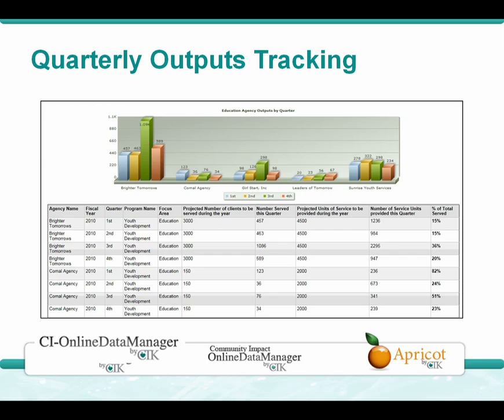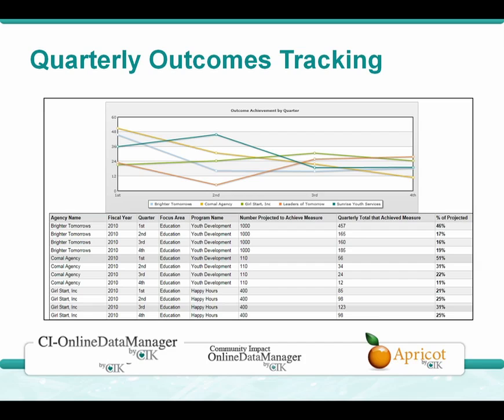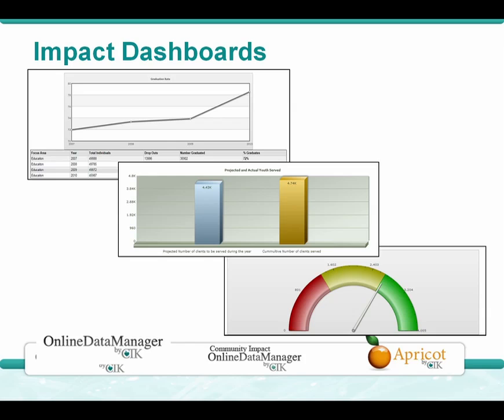So here's just, again, some samples of how you can begin to collect that data. Here's a quarterly outputs tracking, which is showing each agency, each quarter's report, how many people they've served, how many units of service, and then tracking outcomes, how many people are actually getting better, so that you can begin to do that and then be able to dashboard your results.